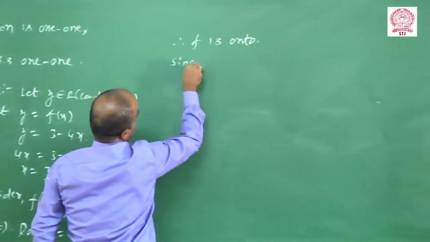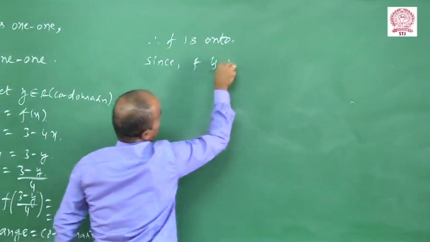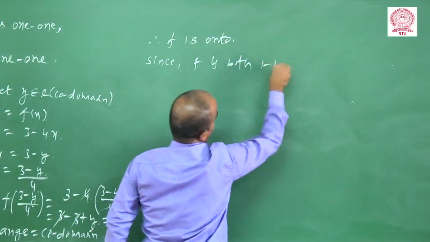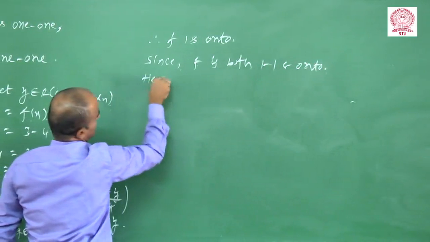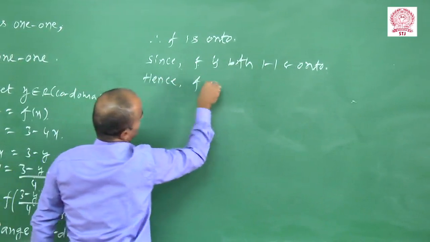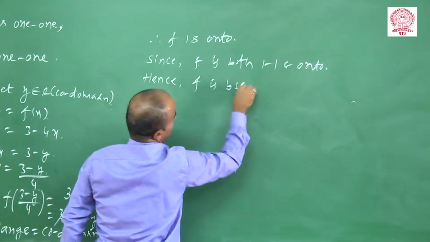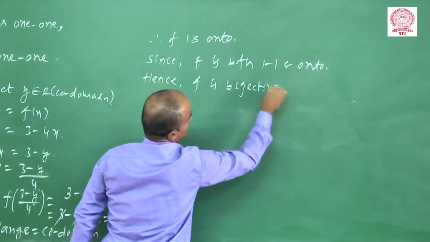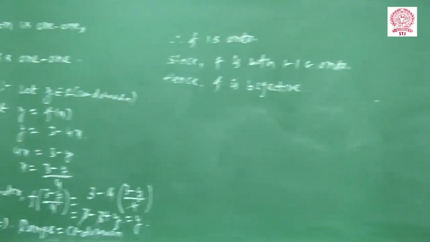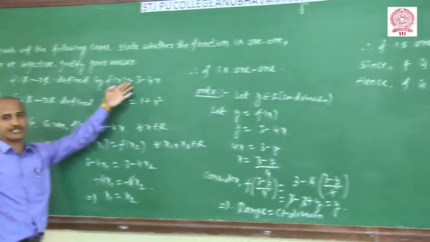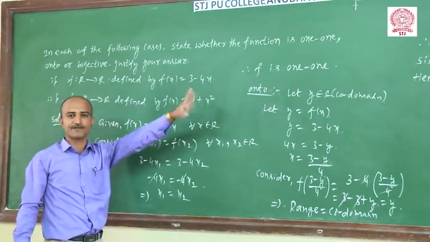Since f is both 1 to 1 and onto, hence f is bijective. This is how we can prove whether the given function is bijective or not, just by verifying the conditions.